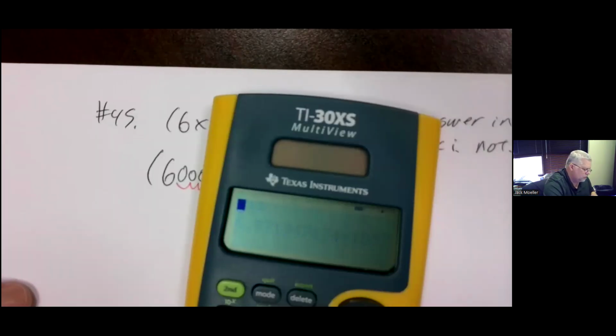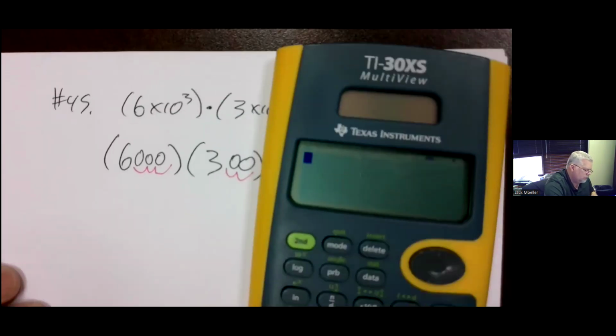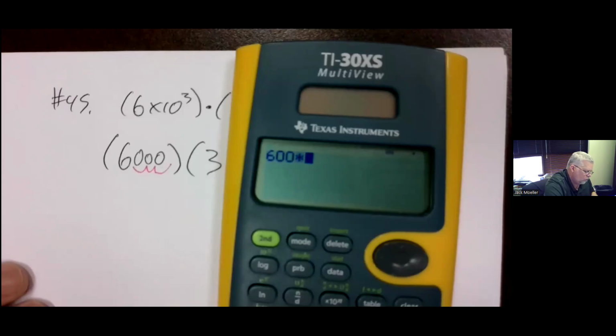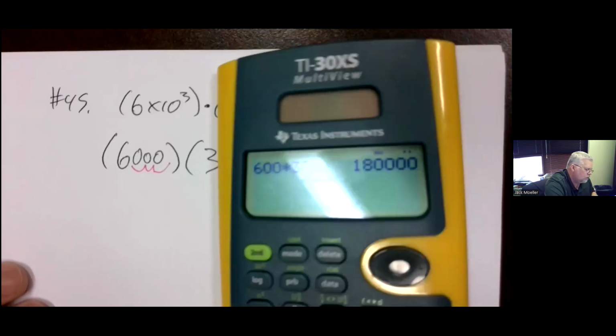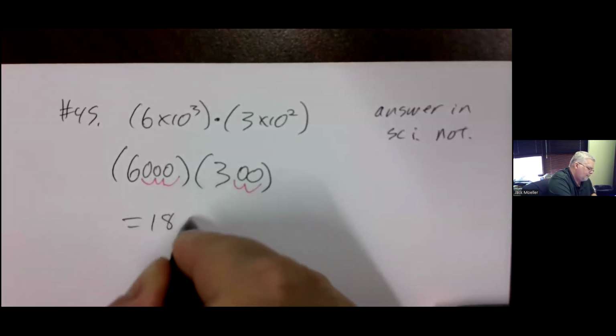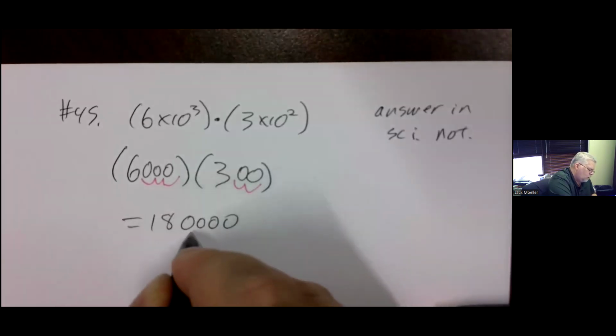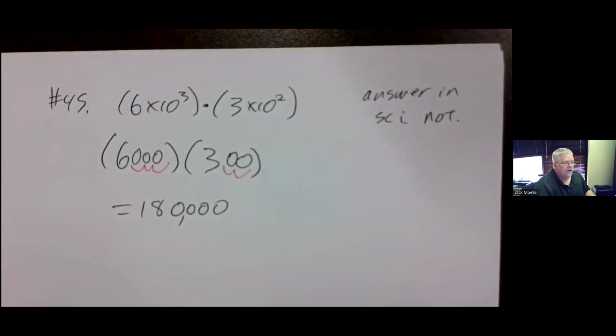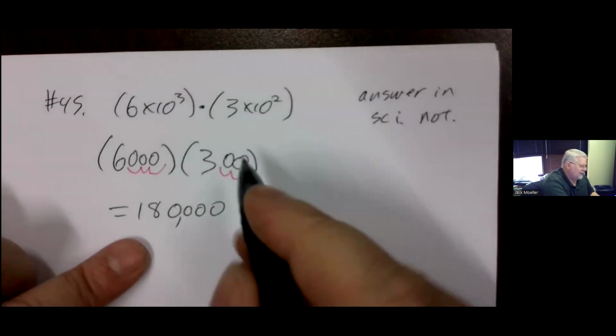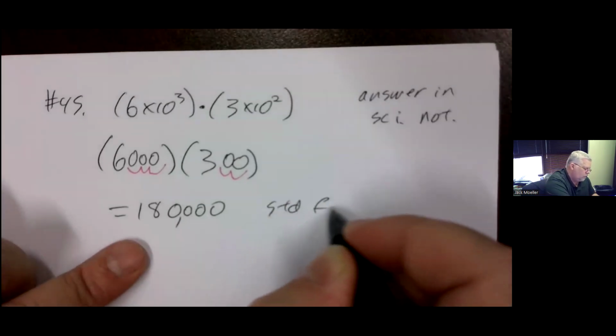So now you just do 6,000 times 300. So you get 1, 8, and 4 zeros, which is 180,000. If they wanted the answer in standard form, we'd be done.